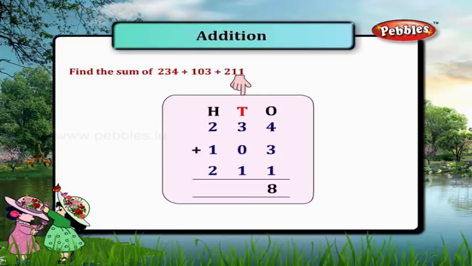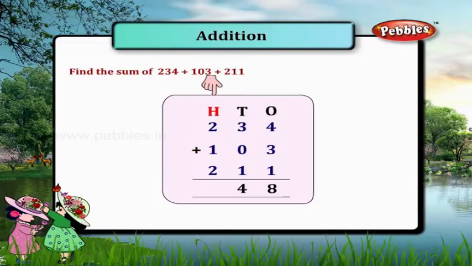Add the tens next. 3 plus 0 plus 1 equal to 4. Add hundreds last. 2 plus 1 plus 2 equal to 5.